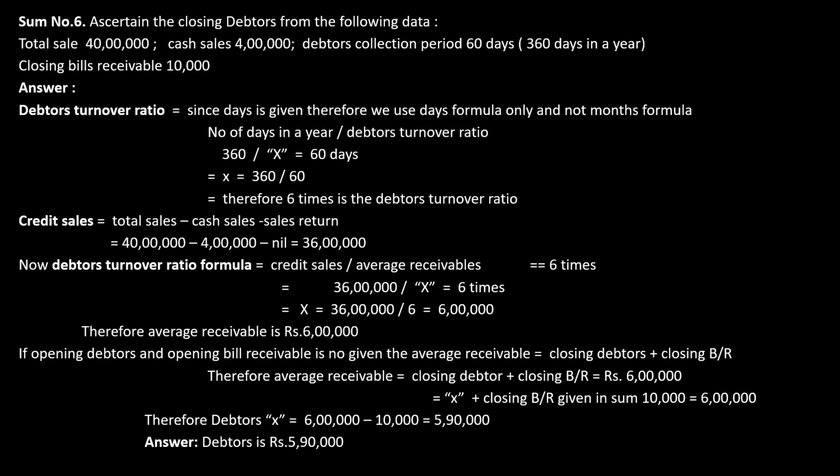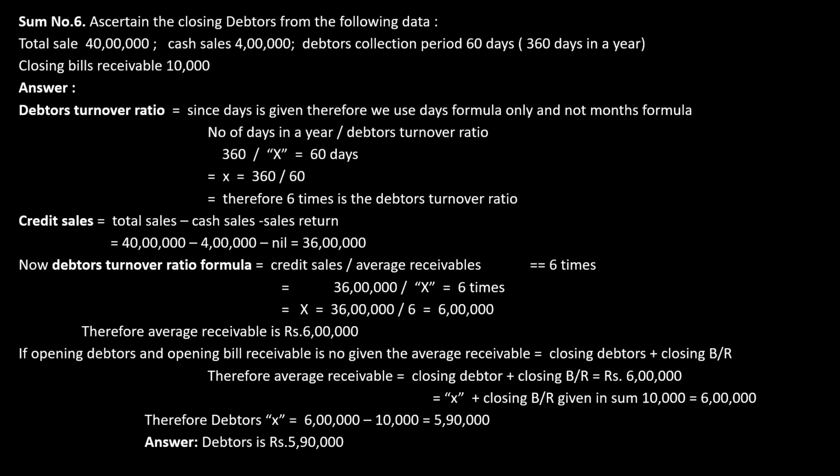Now credit sales divided by average receivable is equal to 6 times. I don't know the average receivable, therefore I take it as X. So 36 lakh divided by X is equal to 6 times. Then what will be the X value? 36 lakh divided by 6 will give me 6 lakh. That is my average receivable.